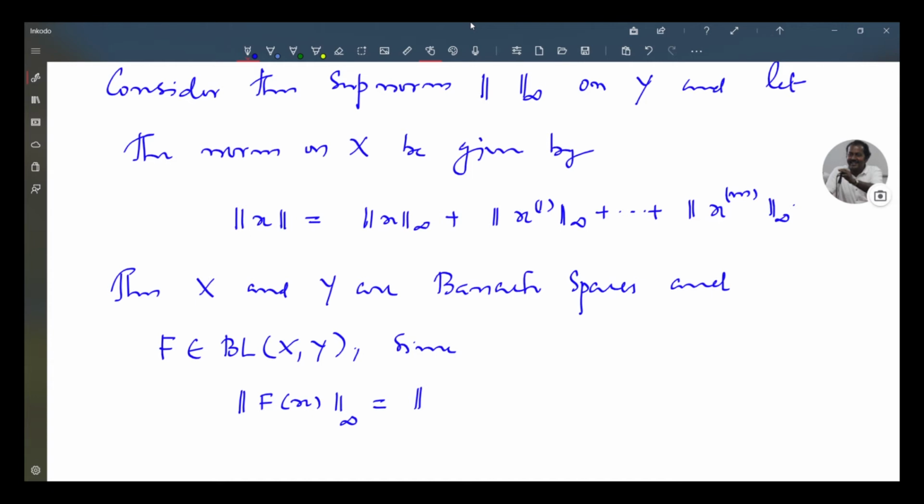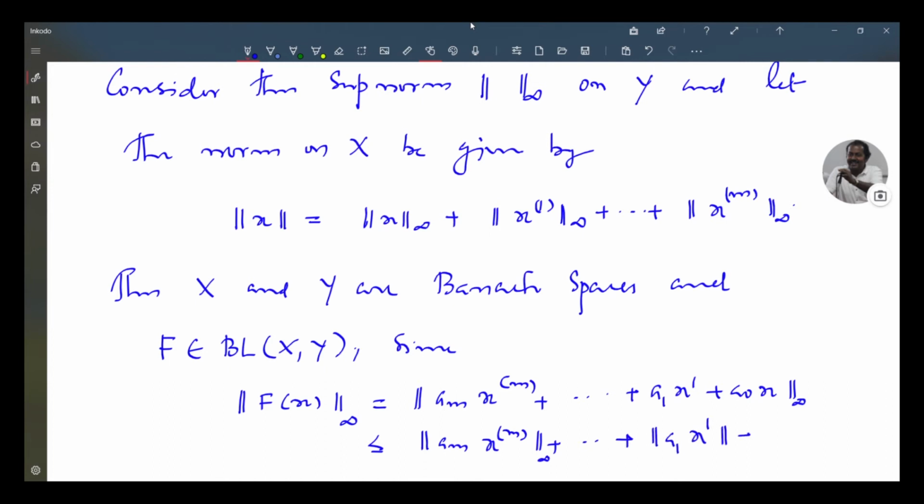sup norm of f(x), that is, norm of f(x), is a_m x^(m) plus etc. plus a_1 x' plus a_0 x. So this is less than or equal to sup norm of a_m x^(m) plus etc. plus sup norm of a_1 x' plus sup norm of a_0 x.